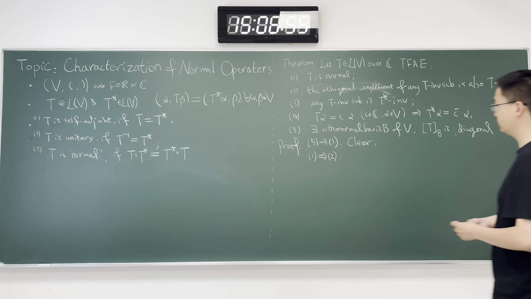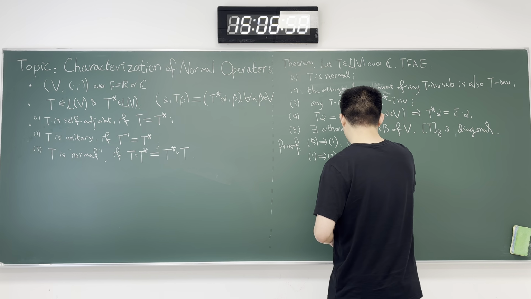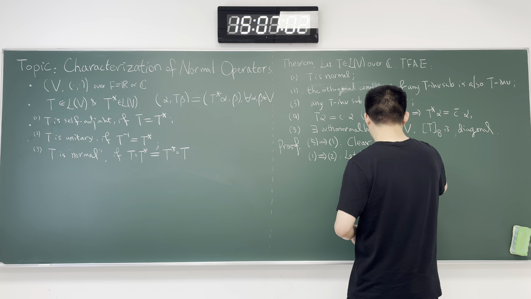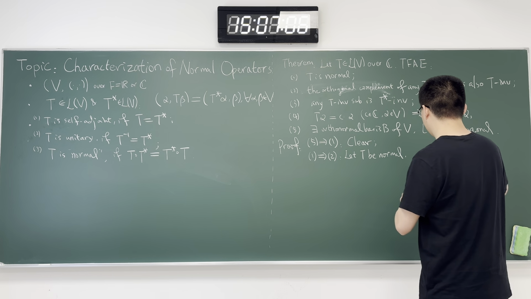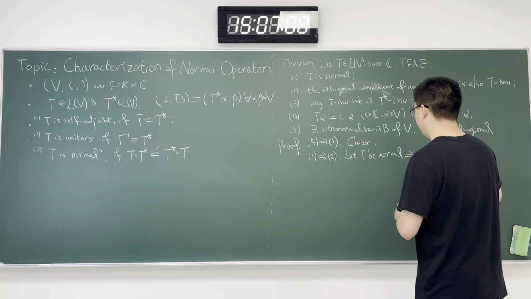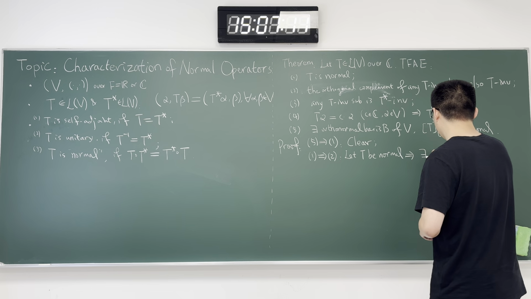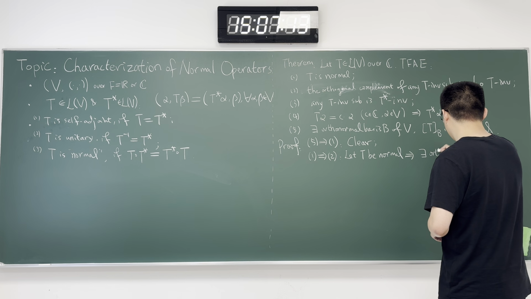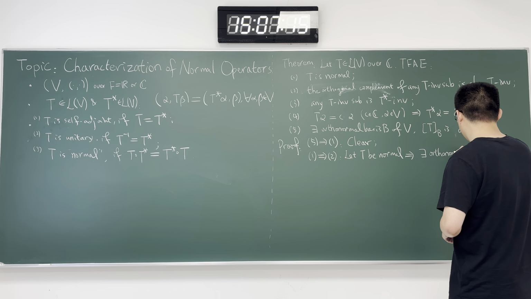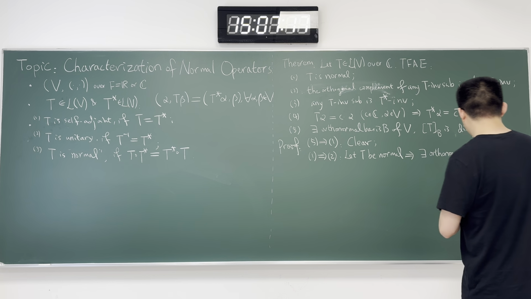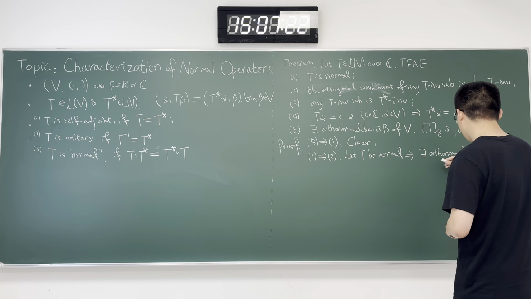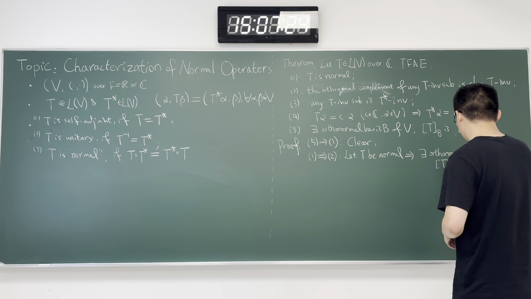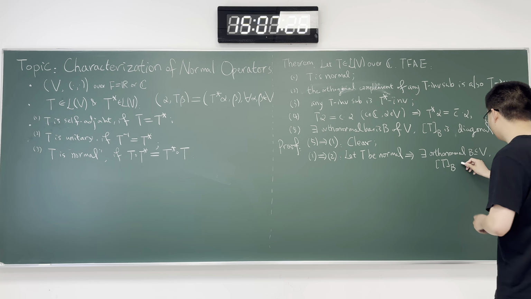It means that if T is normal, then there exists an orthonormal basis B with respect to which the matrix representation of T is a normal matrix.